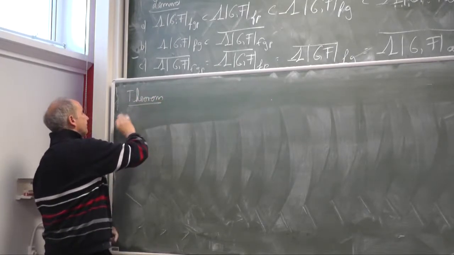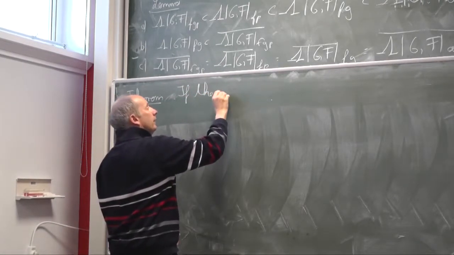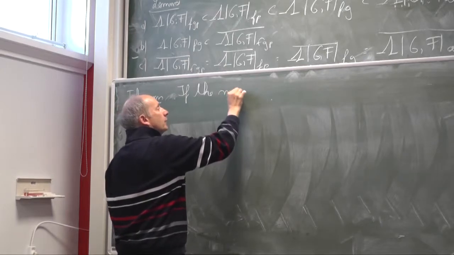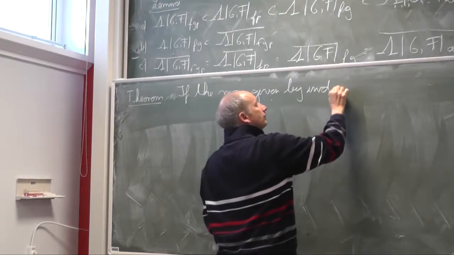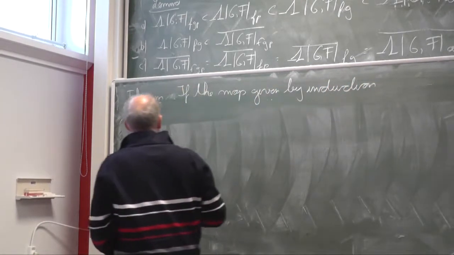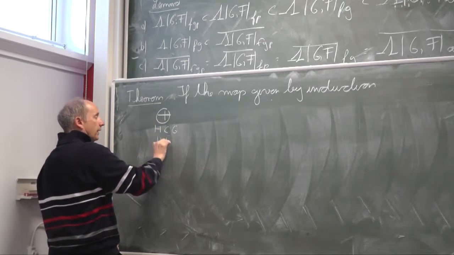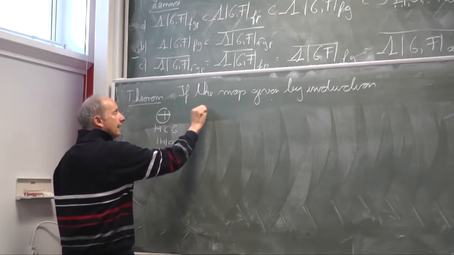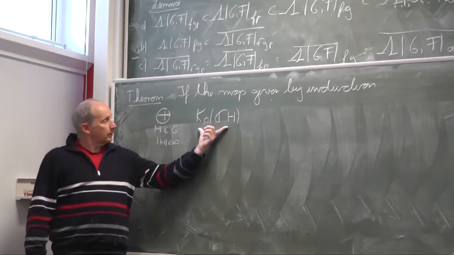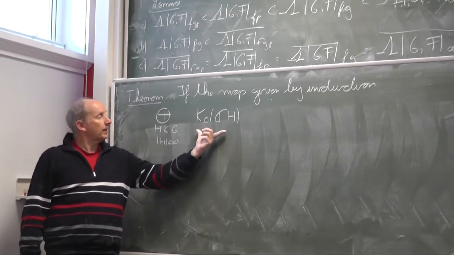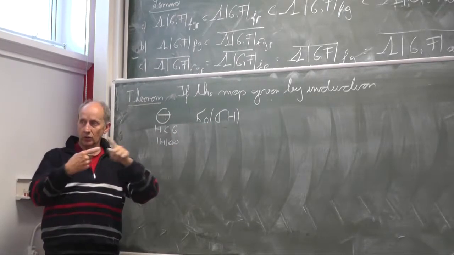Here's the result. Let's say the map given by induction, so now I'm taking the direct sum over all subgroups of G which are finite, takes their class group. Recall, this is a so-called projective class group. Elements are given by finitely generated projective modules, and the only relations are these typical exact sequence relations.